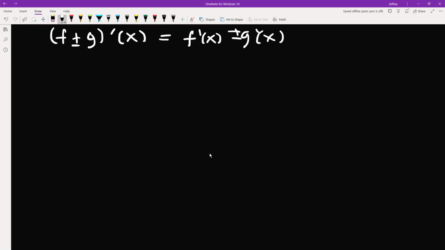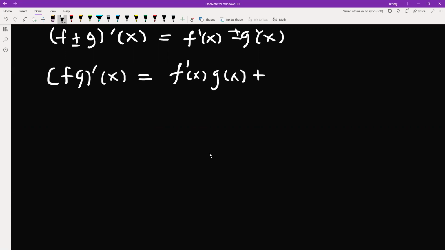Also there's the product rule, which we know from calculus: the derivative of f times g acting on x is equal to f prime of x times g of x plus f of x times g prime of x.